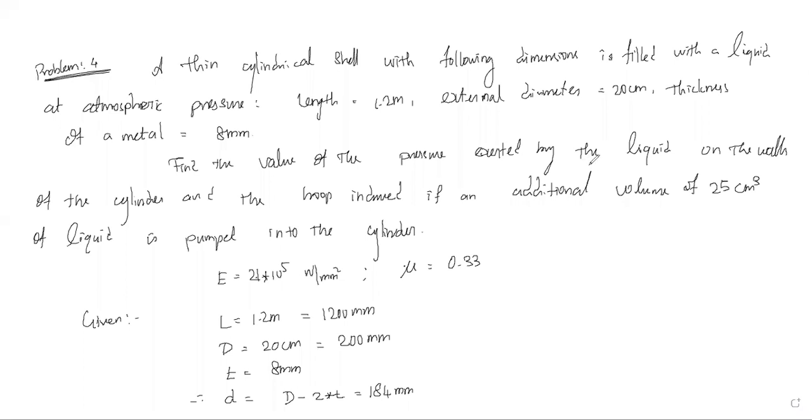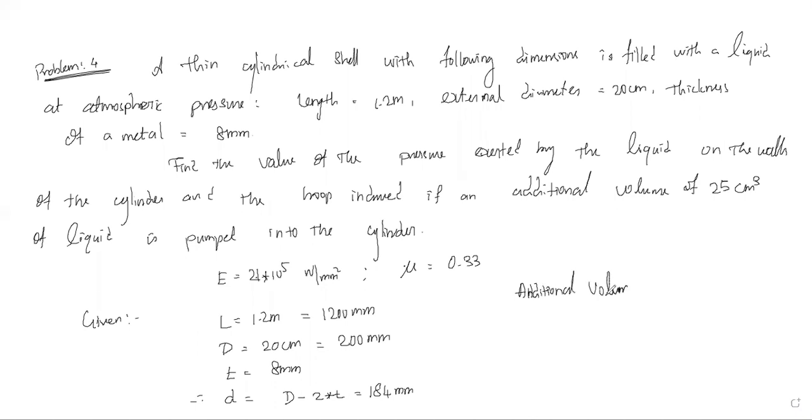They have asked to find the value of the pressure intensity, so P we have to calculate, and the hoop stress induced if an additional volume of 25 centimeter cube of the liquid is pumped into the cylinder.